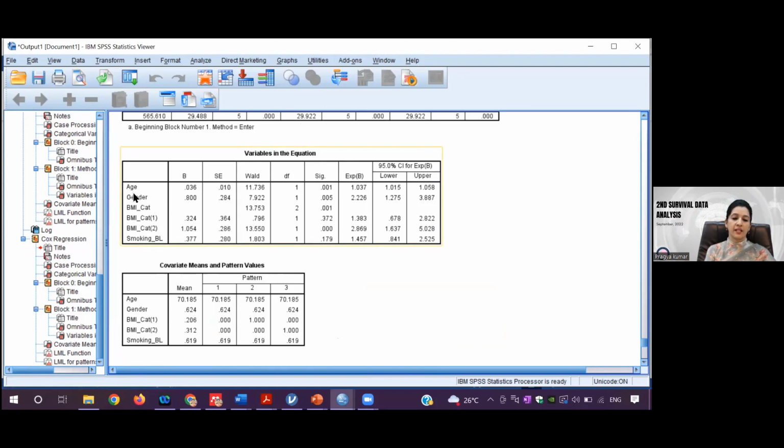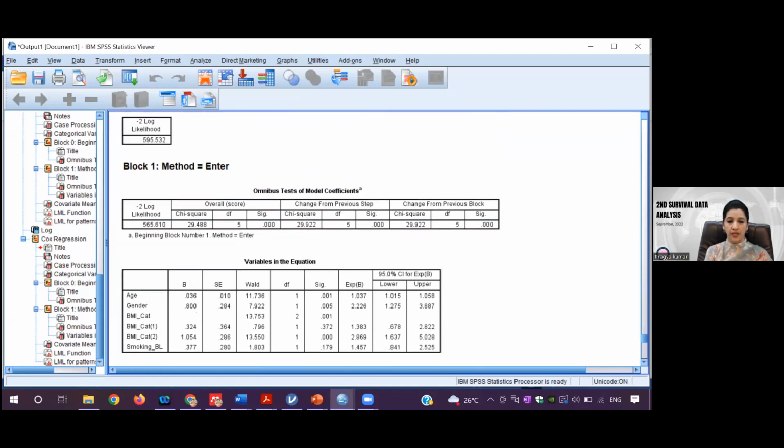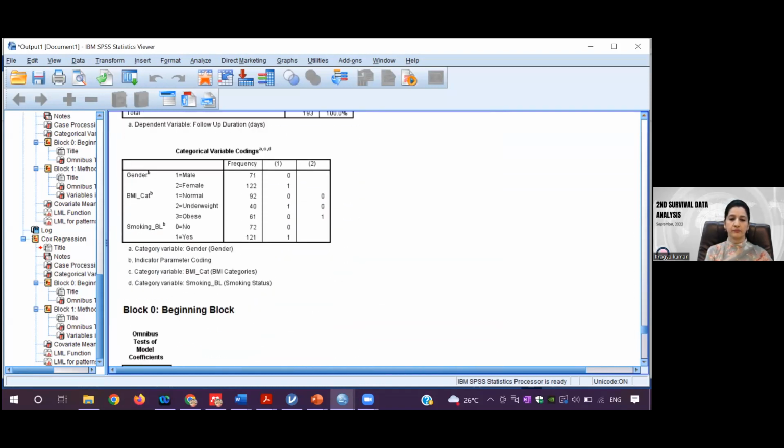So these are the variables, and you know now what coding 1 and 2 is. If it is giving you gender, then it gives you with respect to female. Female is coded as 1. Let me write it somewhere because I also forget.